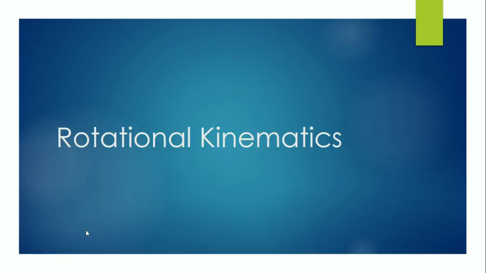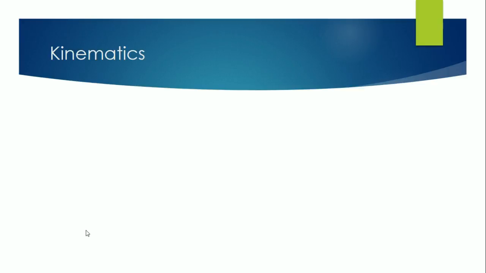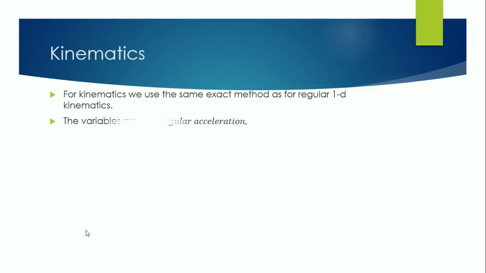So now we're going to briefly talk about rotational kinematics, which is just a review, basically. Rotational kinematics is no different than one-dimensional kinematics. And basically, the variables are just substituted by these, which are angular acceleration, alpha.